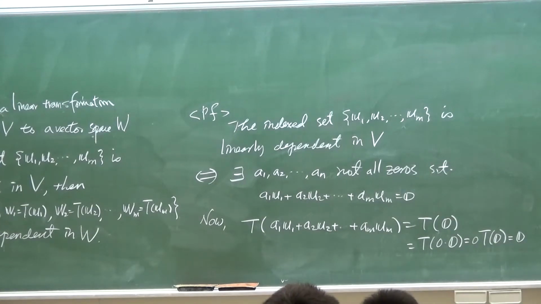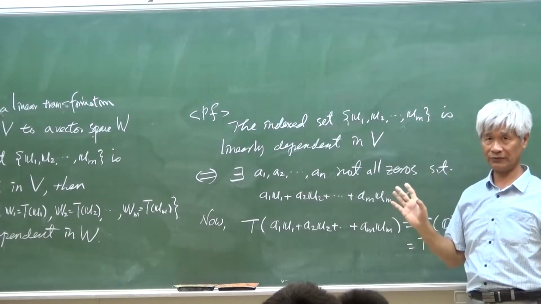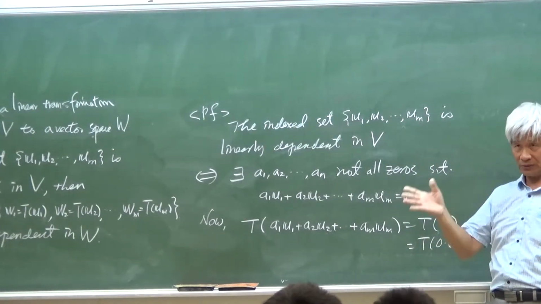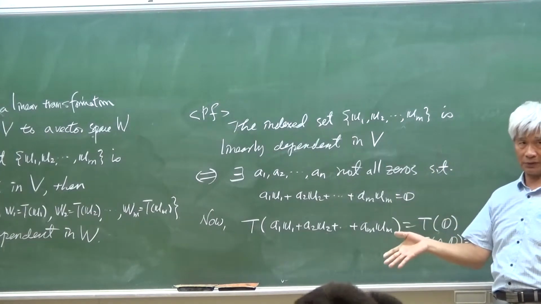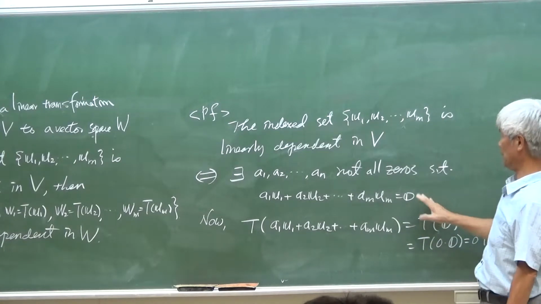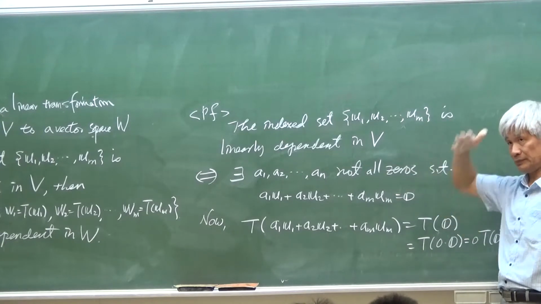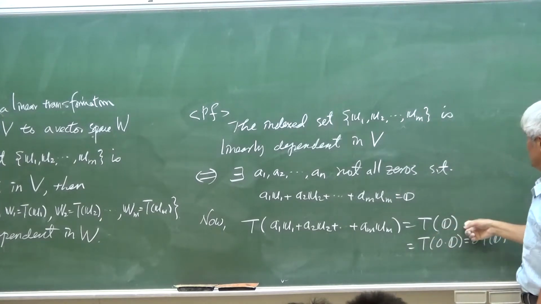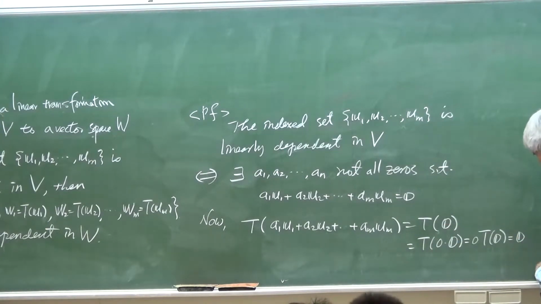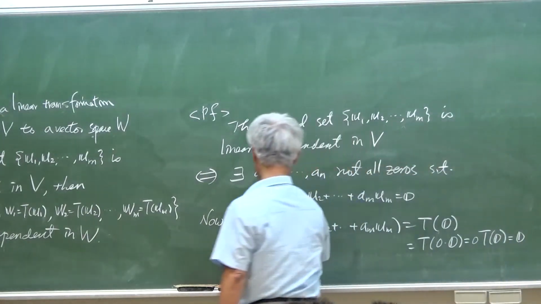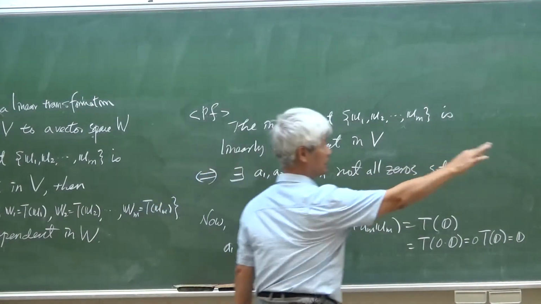But actually, we have done a lot about linear transformations from Rn to Rm. All these properties can be transferred to an arbitrary linear transformation from a vector space V to another vector space W. Of course we have to prove that, because this is a new concept, a generalization. How about that? This is the linearity.